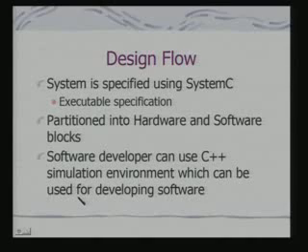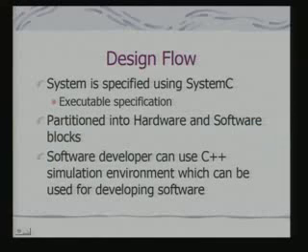So what is the design flow in that case? The system is being specified using SystemC. SystemC provides an executable specification. Just think in terms of your UML notation. In UML notation, you have identified a class. You have identified the methods and its fields.